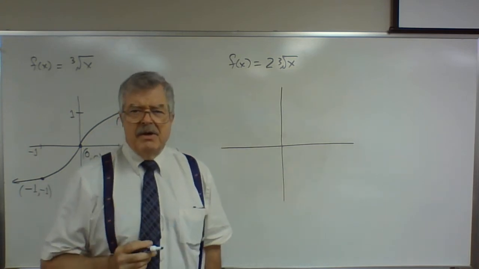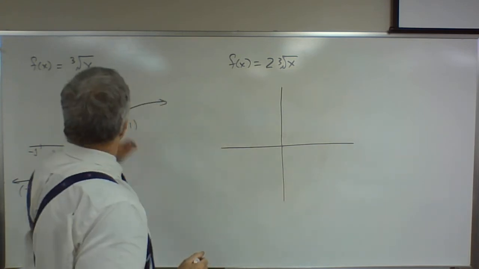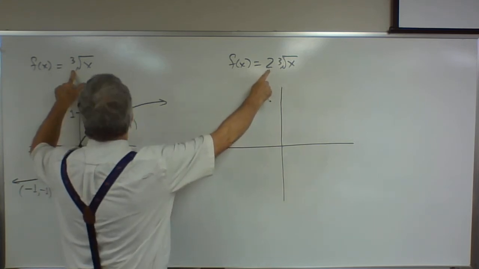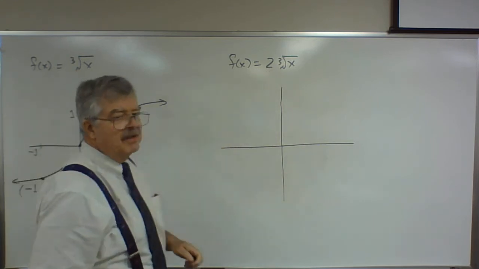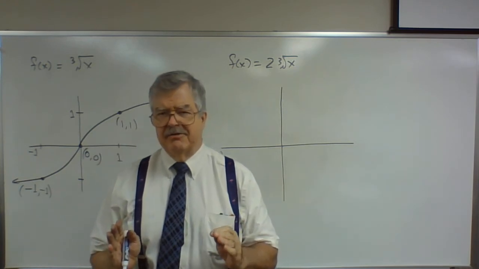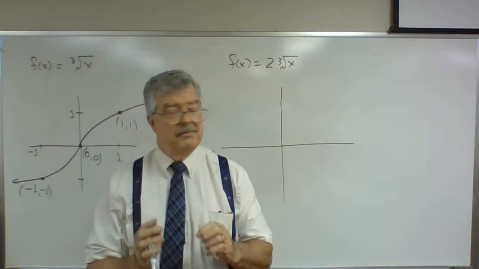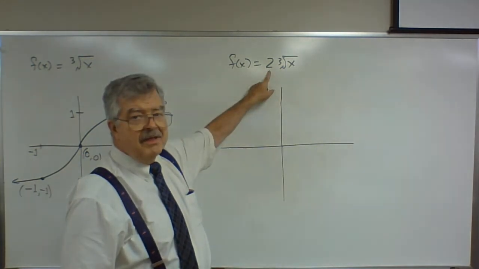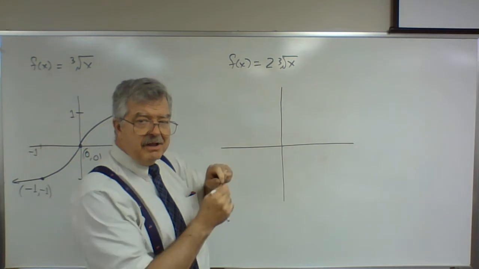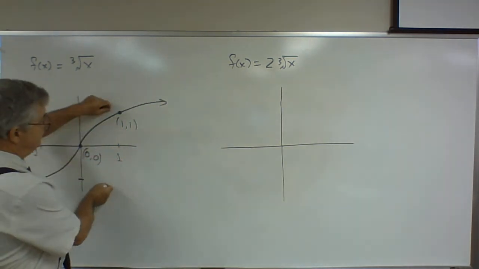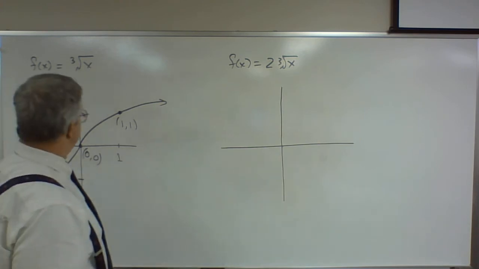Well, by now we ought to know the drill. If we take the y value of the original function and multiply it by a constant, the shape of the graph doesn't change, just the vertical scale. This constant is going to multiply everything vertically by a factor of 2. It's going to take this graph and stretch everything vertically by a factor of 2.